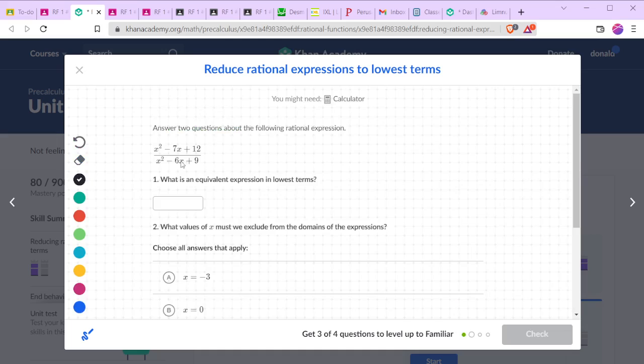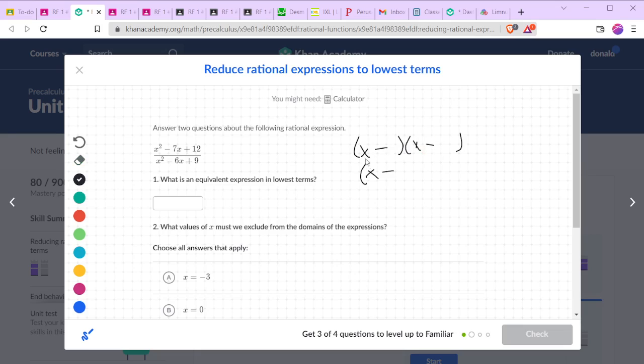Same idea, we have to factor our numerator. We have a plus sign on the constant, so that means we're going to have the same sign in our two factors. And that is true in both numerator and denominator.